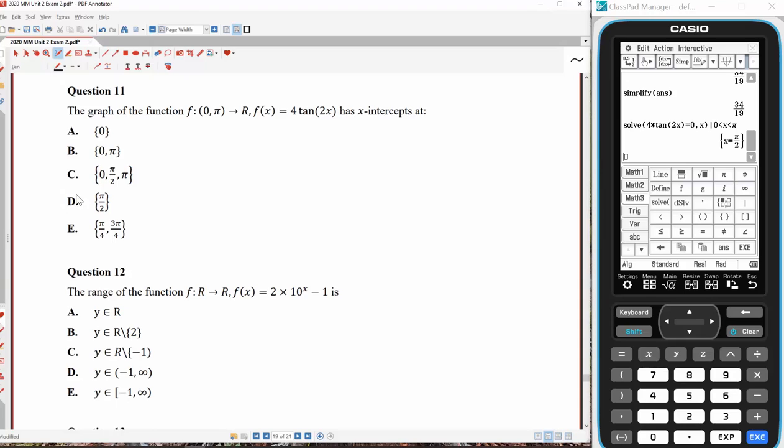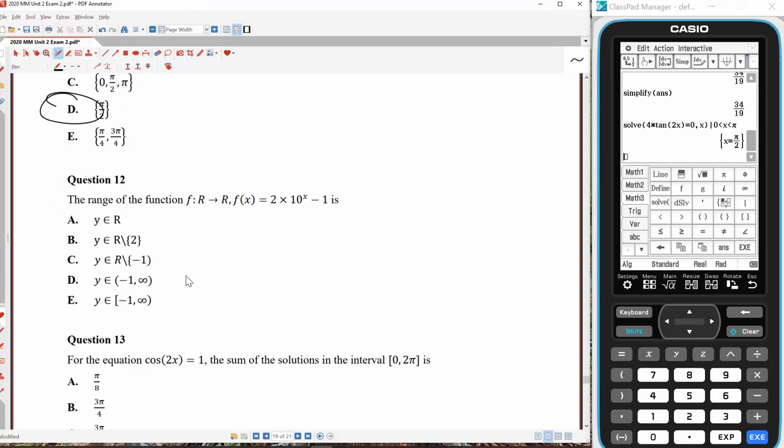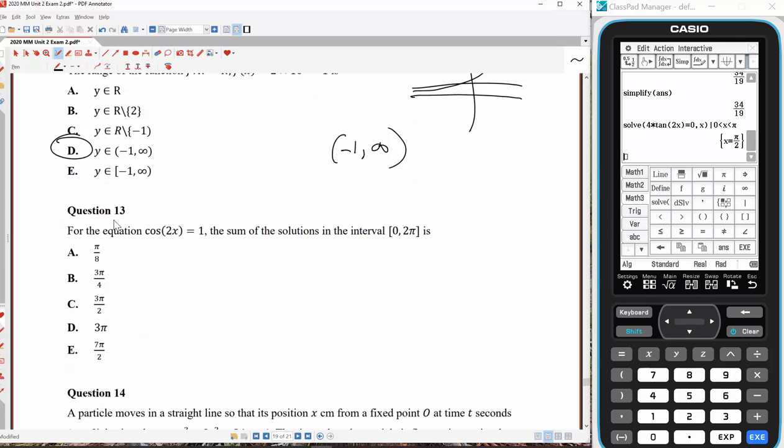Pi on 2, there. Okay, the range of this function, so it's an exponential function gone down 1 unit. So I think the range is going to be -1, which is asymptotic at, to positive infinity. y is an element of -1 to positive infinity.